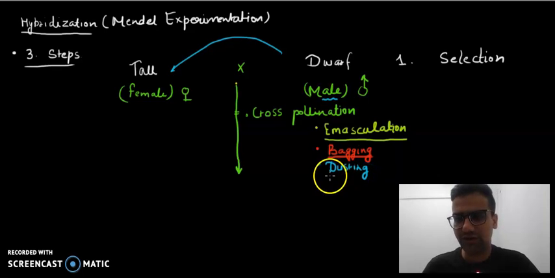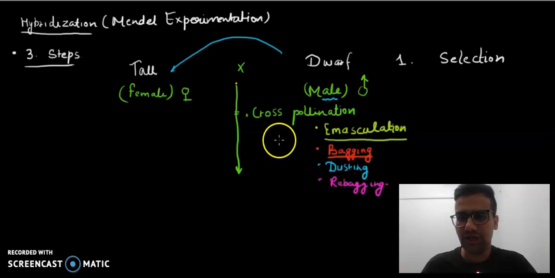The fourth step was to rebag, again to prevent any unwanted cross pollination.